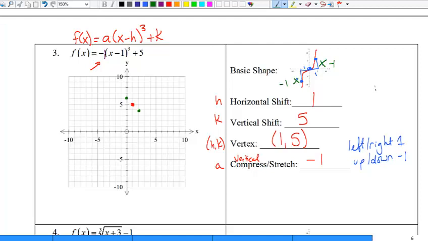So my basic shape was like an elongated N shape, but when I reflect it, it's going to come the opposite direction. So it's coming down from like this and then going down there. And that is my cubic function. If you have a hard time graphing those, and sometimes students do, one thing you can do to make it a little bit easier on yourself is you could put your pencil on the red point in the middle, the vertex, and just kind of draw half a parabola up.